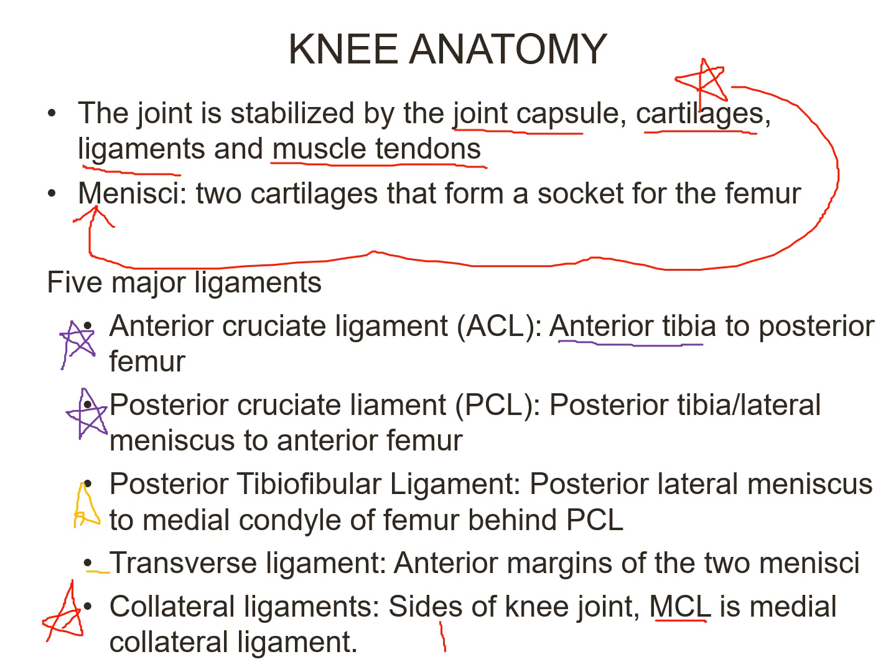We also have an LCL, lateral collateral ligament, that connects the femur to the fibula. So all of these ligaments contribute to knee stability. But if you tear one or two or sometimes even three of these, depending on the way you got hit or the way you fell, that can be a very long rehab process. So take care of your knees.